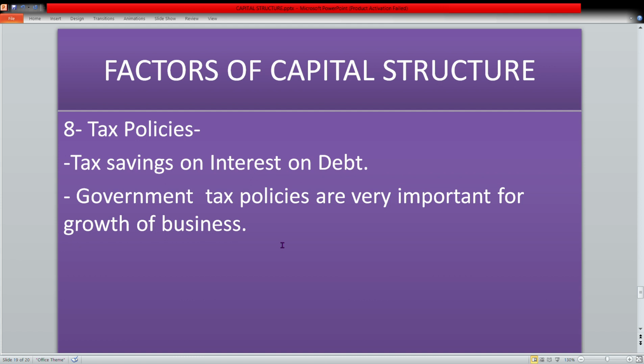The interest is debited to the P&L. As a result, the taxable income of the company reduces. In this way, tax planning can be made with debt, as debt interest is deductible. So government tax policy is very important for the growth of business.